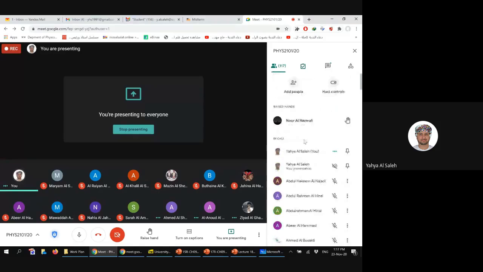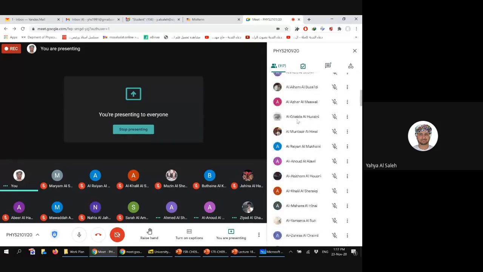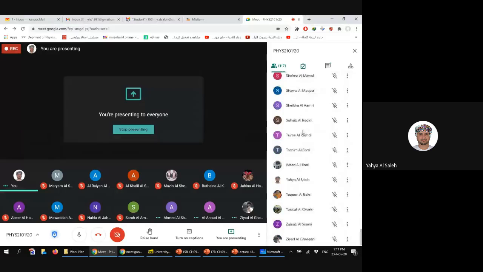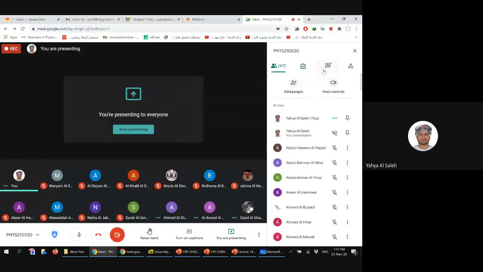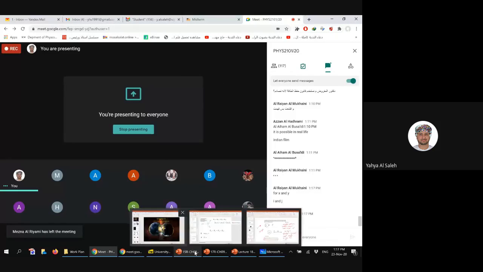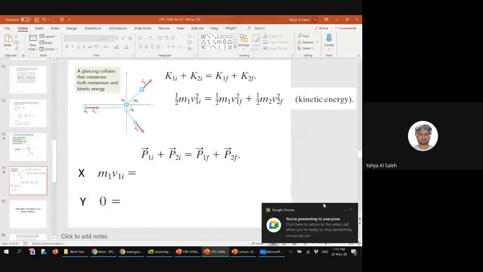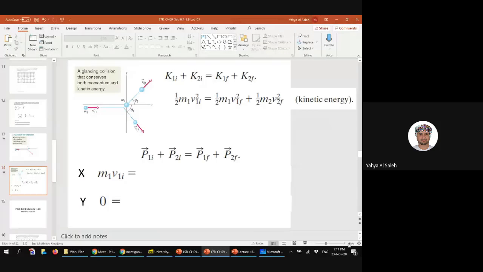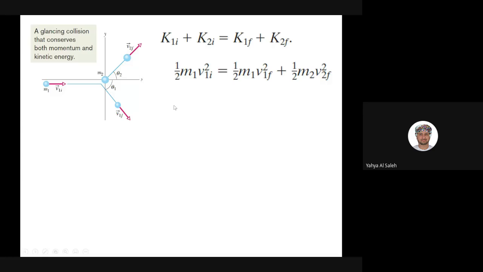Since ball 2 initially is not moving, it does not have kinetic energy, so that goes to 0. We have half m v squared before equals half m v squared after plus half m v squared after. Simple, no problems here. We do the same with momentum.